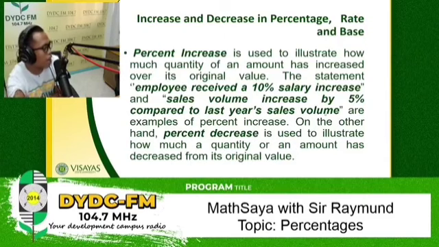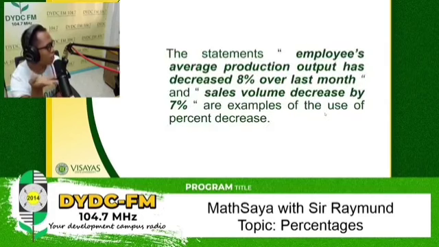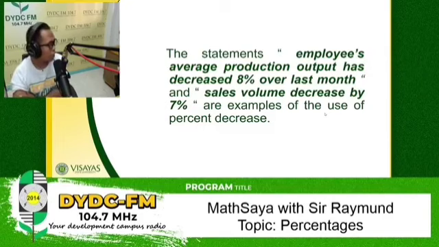On the other hand, percent decrease is used to illustrate how much a quantity or an amount has decreased from its original value. So, ang kalainan lang, increase, of course, ni-taas siya. Decrease, ni-ubos. Okay? Next, the statements employees' average production output has decreased 8% over last month, no? And sales volume decreases by 7% are examples of the use of percent decrease.